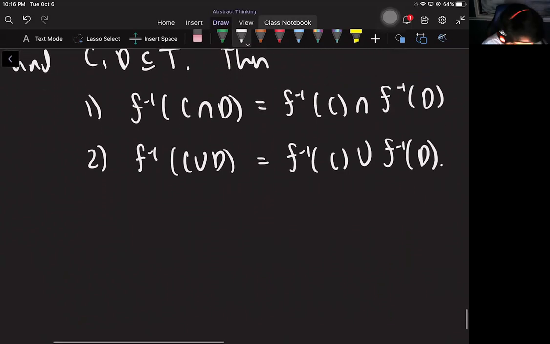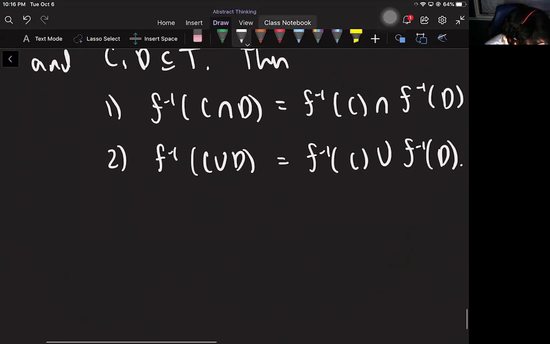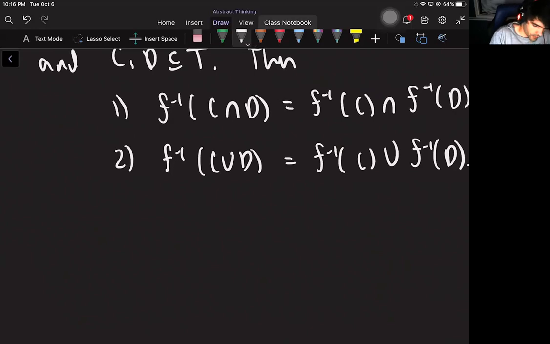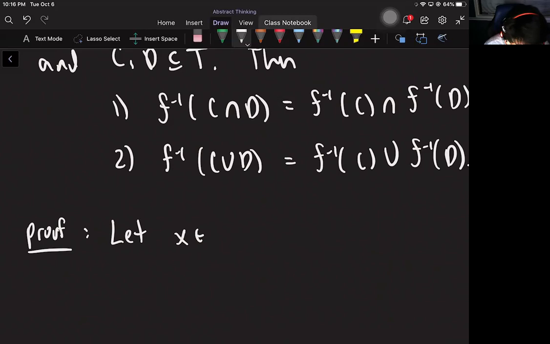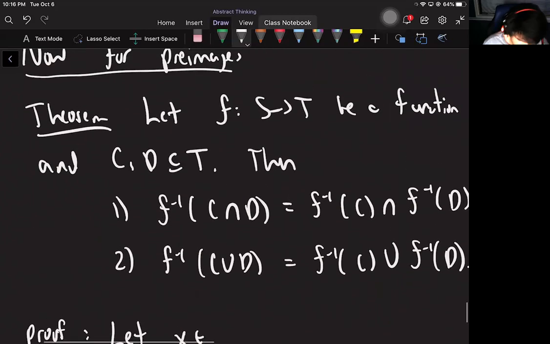Okay, so which one do I want to prove? I'm going to prove the first one. The second one will be given to you as a lecture problem, but it works pretty much the same. Okay, so we're doing a subset proof both ways to show set equality. Now my two subsets live in S because they are pre-images.